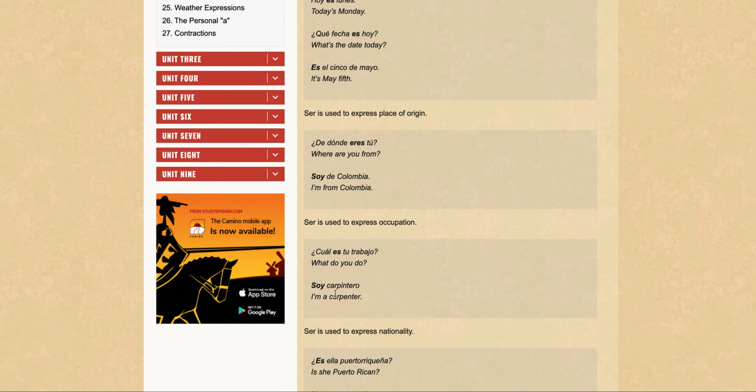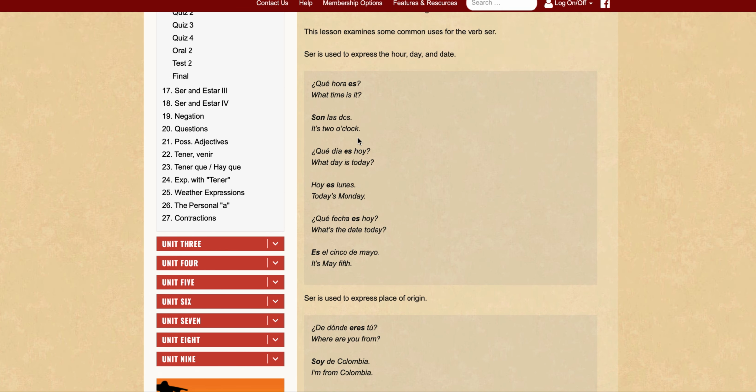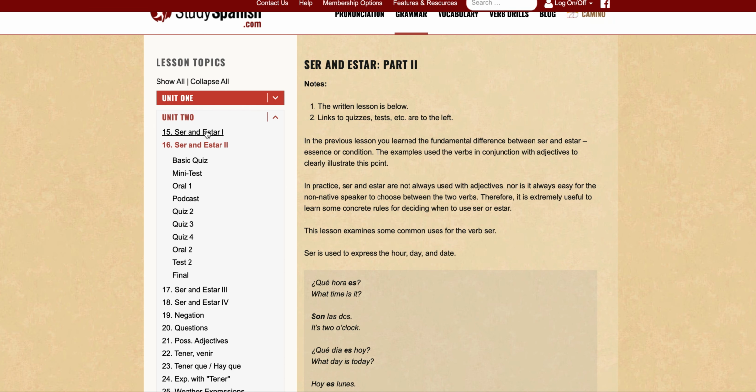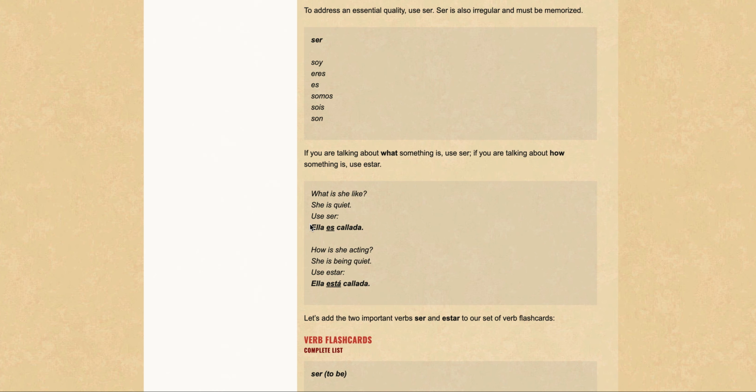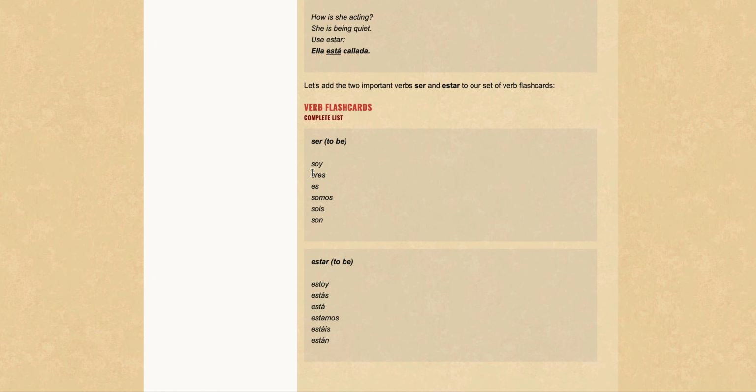And we also saw that it's used to express place of origin. So where are you from? Which translates to ¿De dónde eres tú? Eres. If we check the form, it's the second one here.